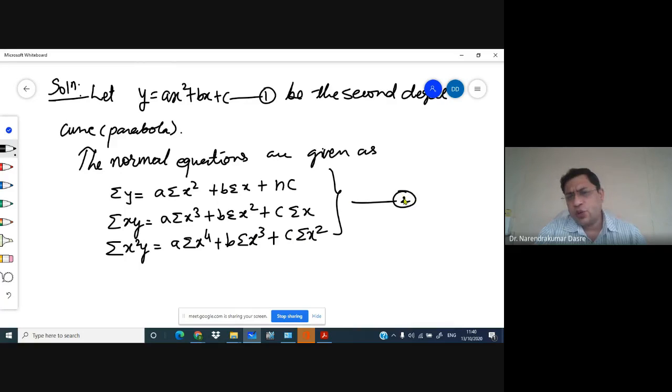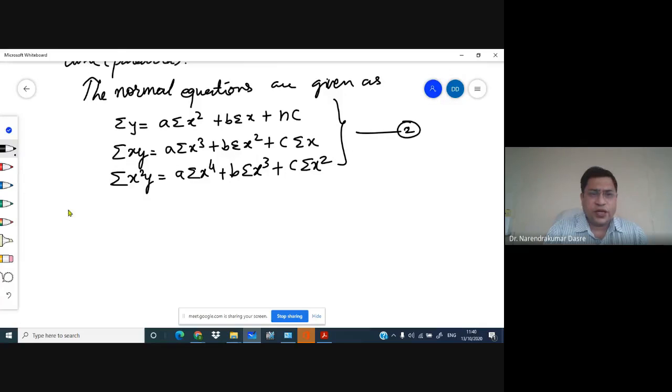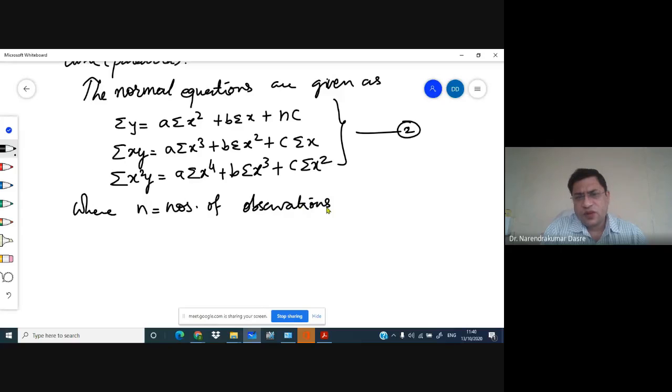This is equation 2, which are the normal equations. Here we know the x and y terms. What is this term n? n is the number of observations.